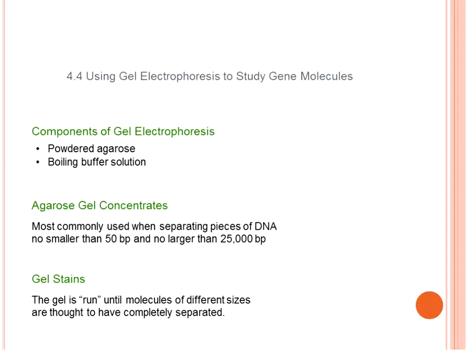For analyzing DNA, we use agarose gel. Agarose is a polysaccharide that we obtain from seaweed. But it's a purified polysaccharide, right? So we get agarose powder and you dissolve it in boiling buffer.